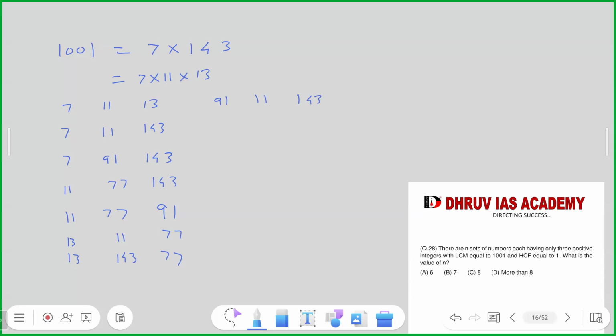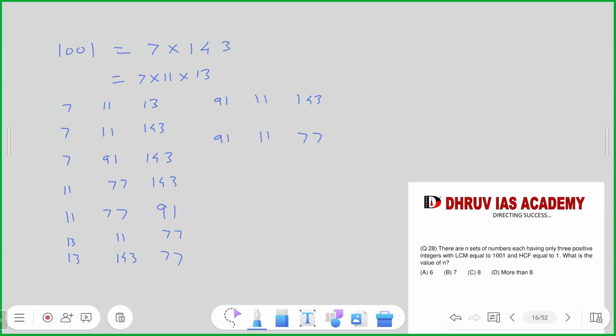So at least 8. Then any other? 91, 11 and 77. So right now we have found 4 plus 3, 7 plus 2, 9. So at least 9 are there.